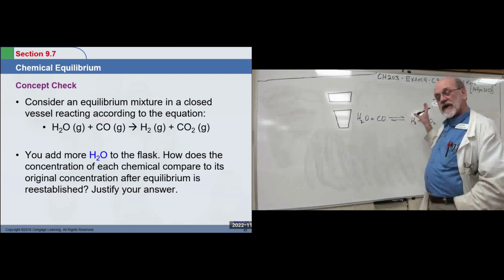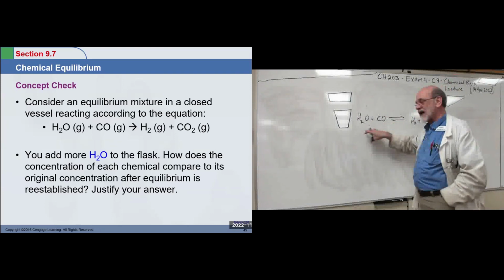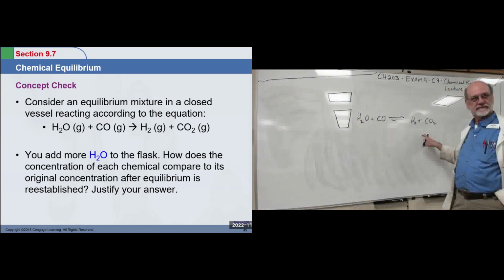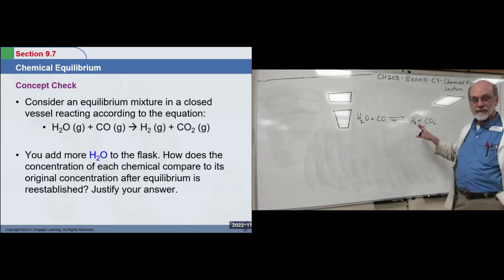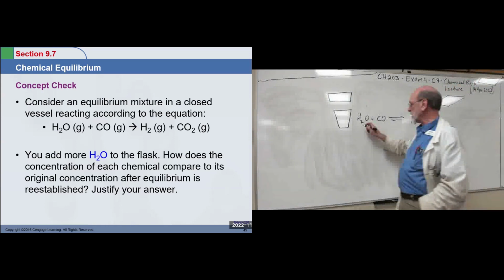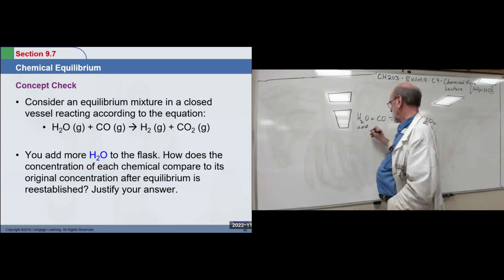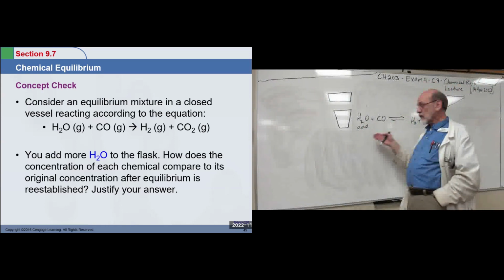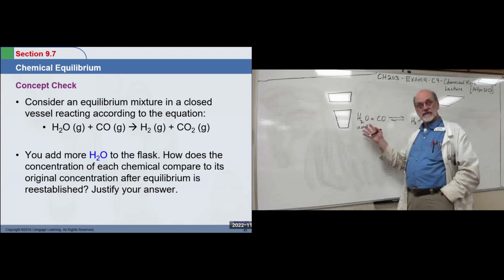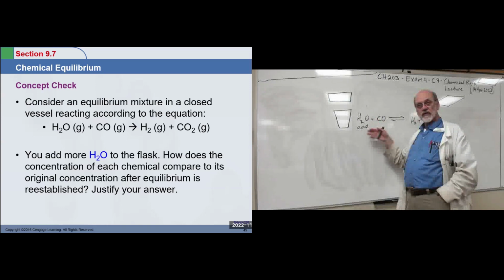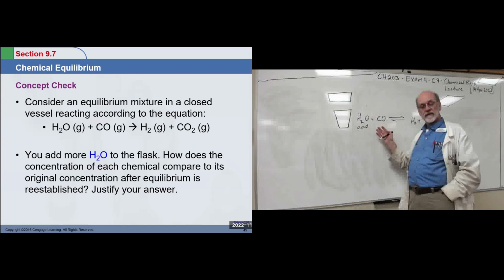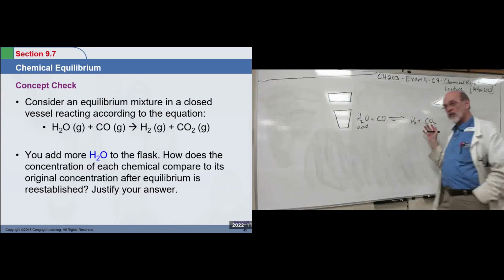Okay? Say we're at equilibrium. We've got some reactants left and we've got some products. All right? What happens if we add more water? Well, now you've got more reactants here. Right? So the water can react with carbon monoxide to make some more of these.